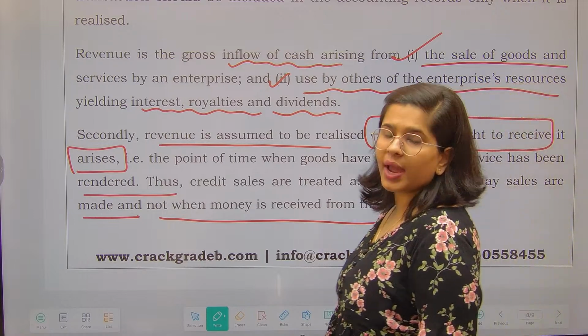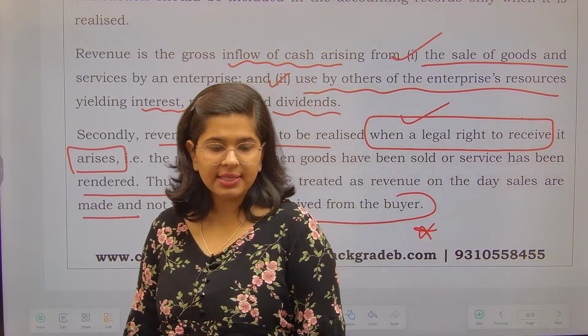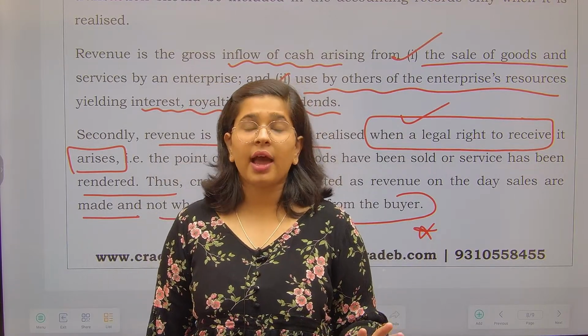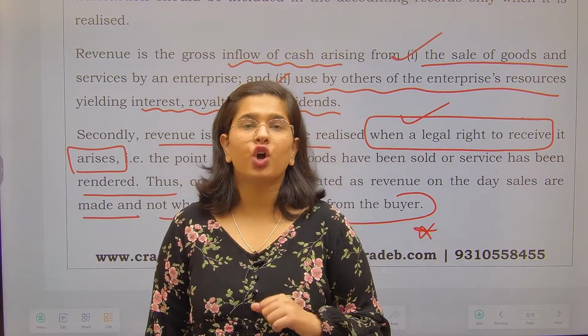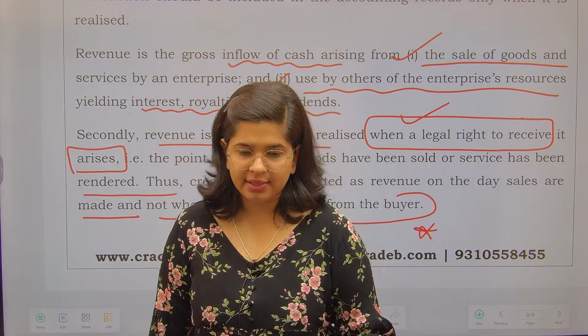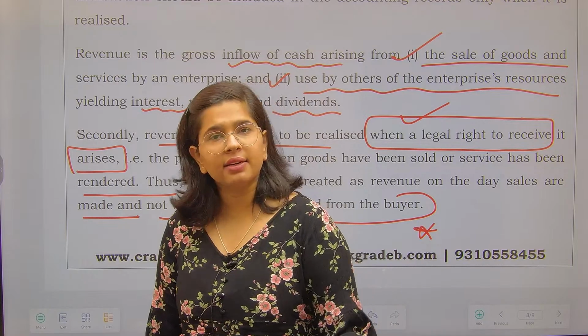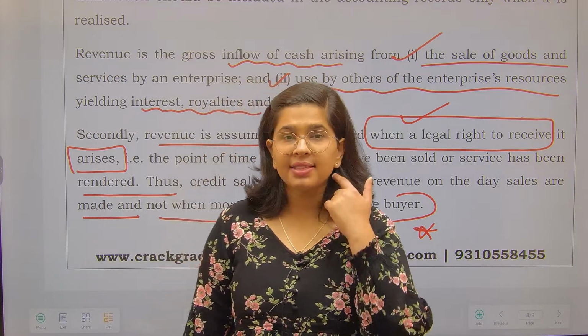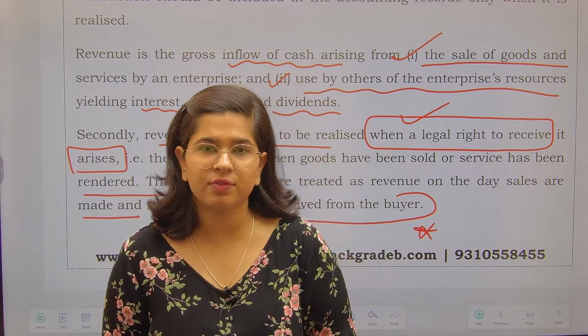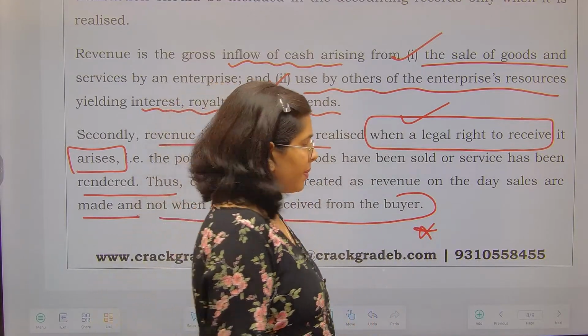When a legal right to receive arises, at that particular day, account the revenue into your books. So in case of credit sales, the day you have made the sales, person has taken the goods, so legal right has arisen, and now you do not have to wait till the day the person gives you the payment. No need for that.